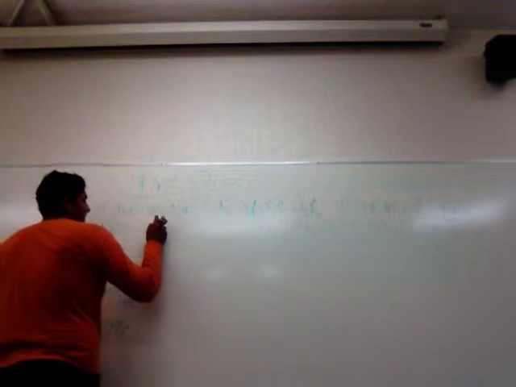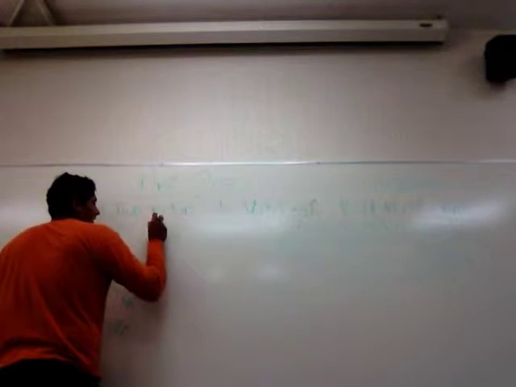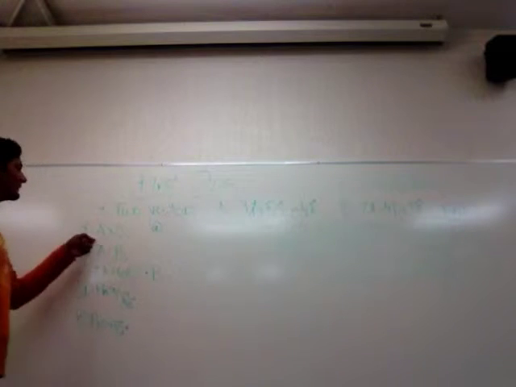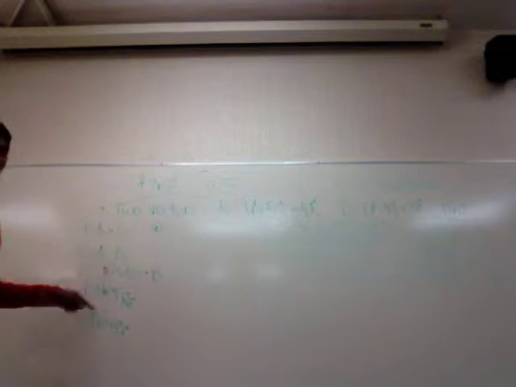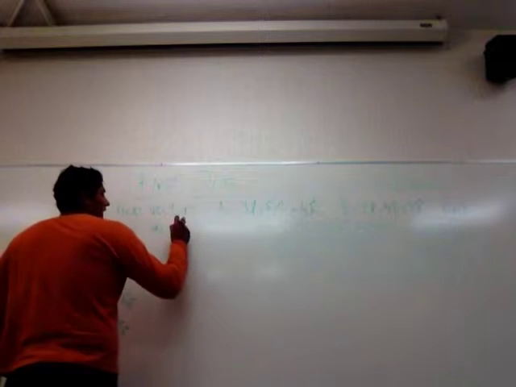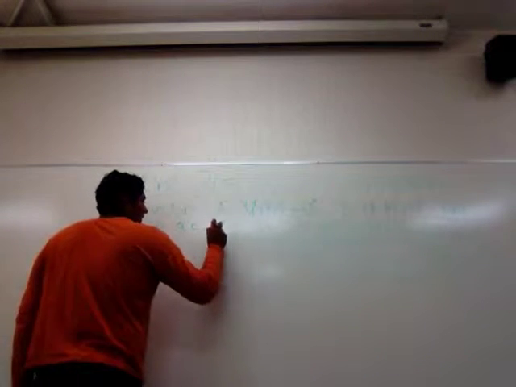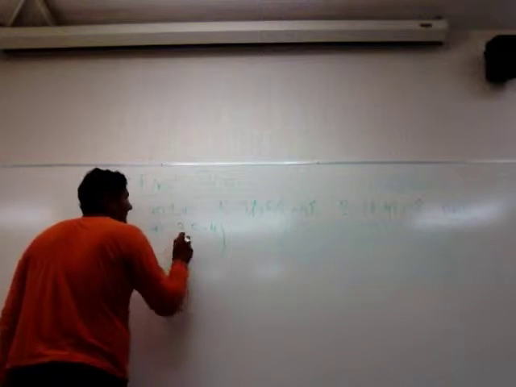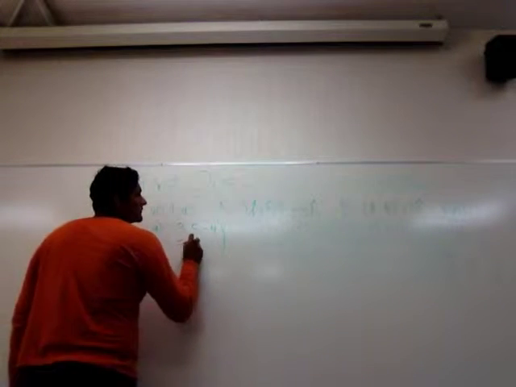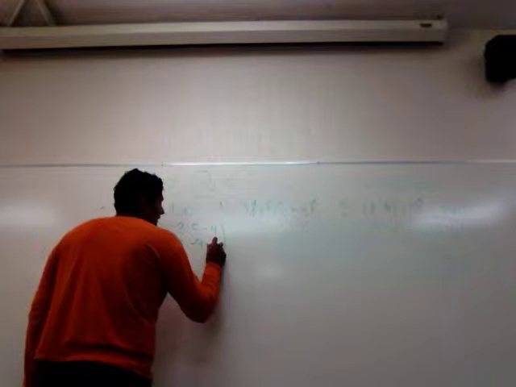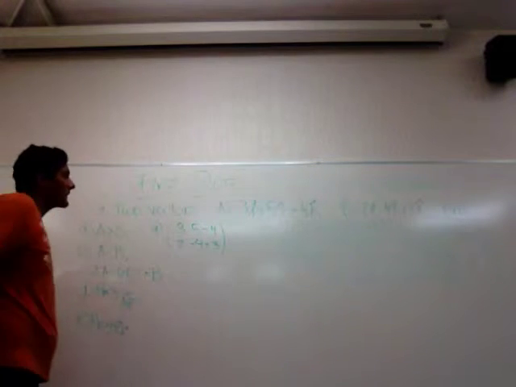So I'm going to begin. I'm going to start with the first part. We need A cross B. We have 3, 5, and minus 4 for the first vector, and we have 2 minus 4 plus 3 for the second vector.